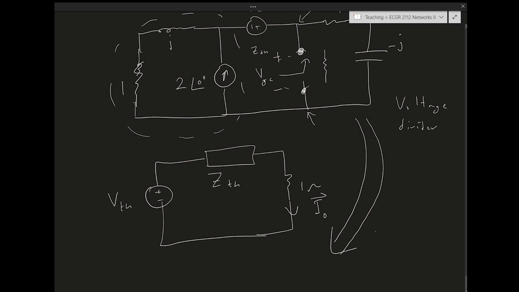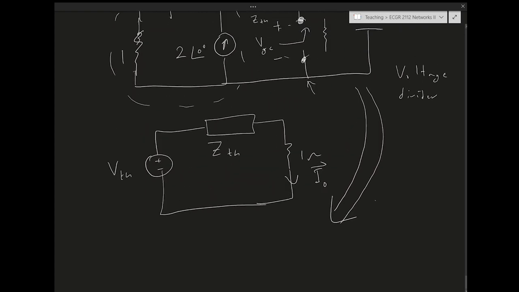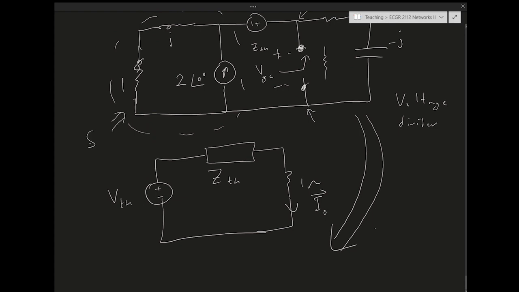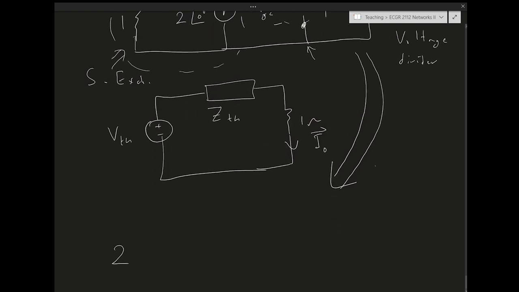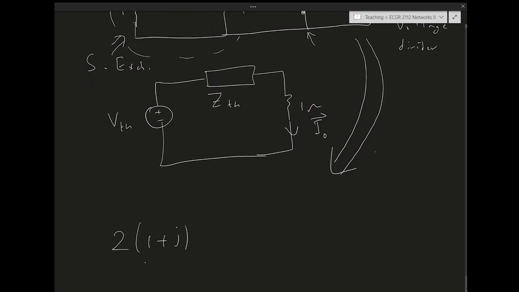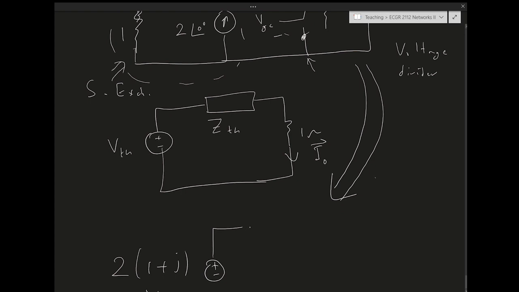I don't have to do nodal analysis again. So if I apply source exchange here, I end up again with 2 times the impedance, 1 plus J volts, right? And then the impedance is again 1 and J.